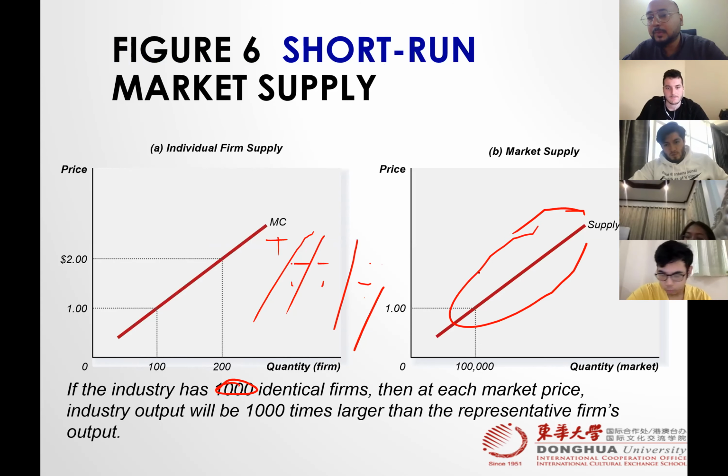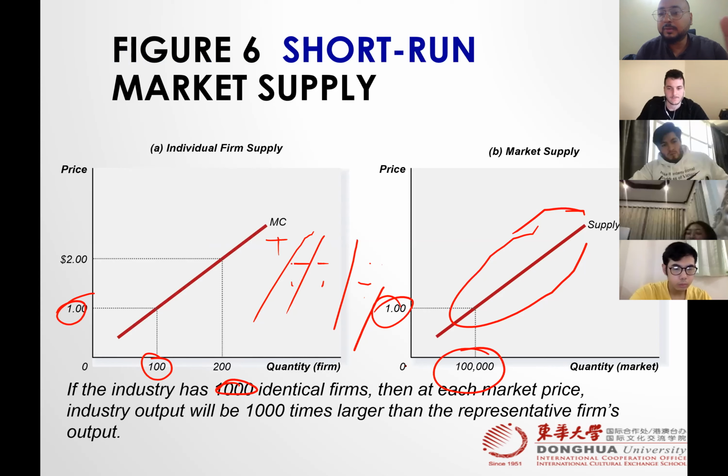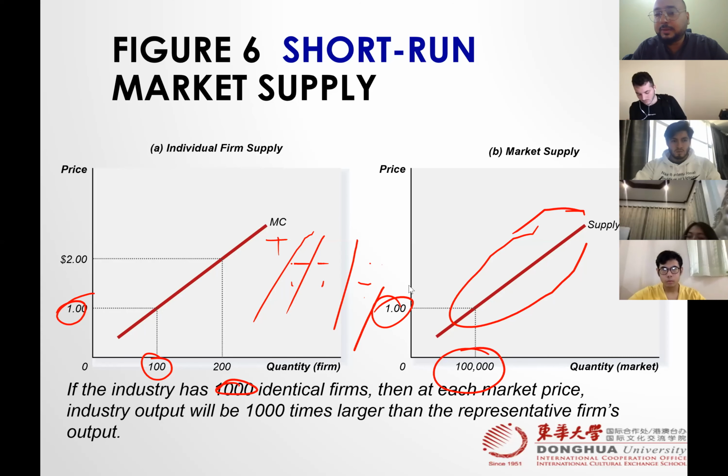The difference between the market supply curve and the individual supply curve is that at price 1, this single firm is supplying 100 quantity, and here at price 1, the market is supplying 100,000 quantity. The market supply is basically the sum of all individual firm supply. Simple, right? If you understand how we derive the supply curve of a single firm, you can also find out the market supply curve as well.